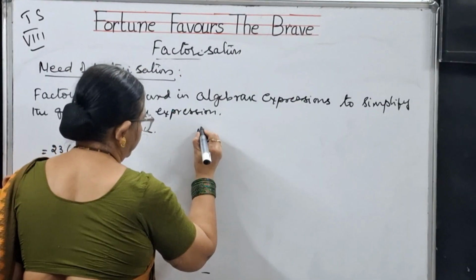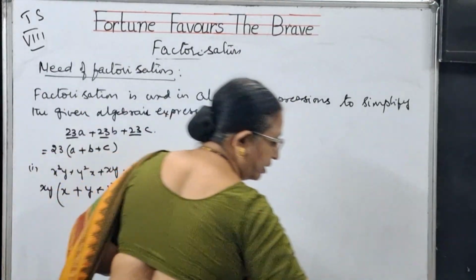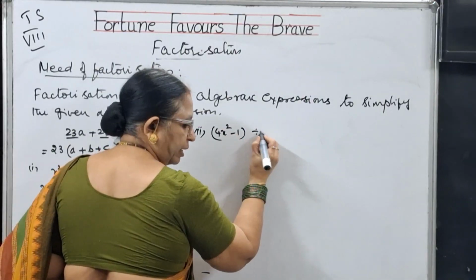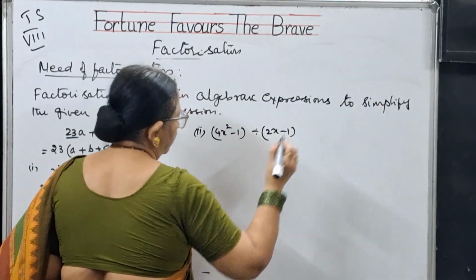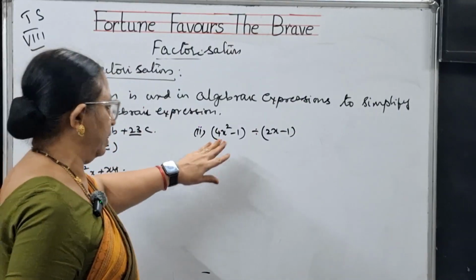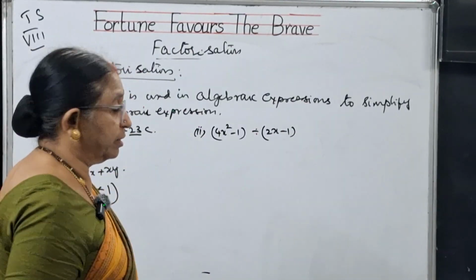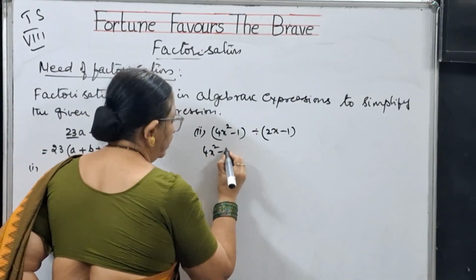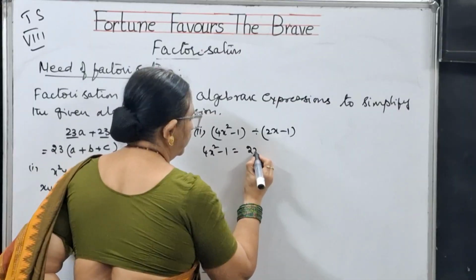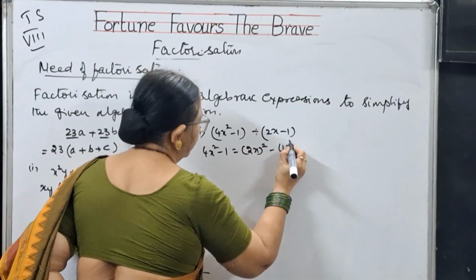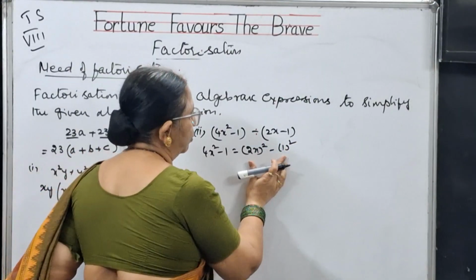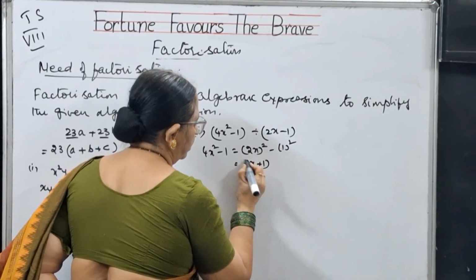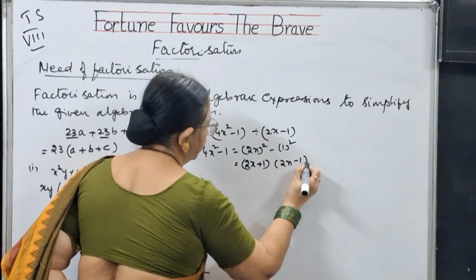And you have another bit also here. The second bit given here is 4x square minus 1 divided by 2x minus 1. This division can be very easily done when you go for factorization. This is because 4x square minus 1 is nothing but 2x whole square minus 1 whole square. So this is in the form of a square minus b square, which is nothing but a plus b into a minus b.